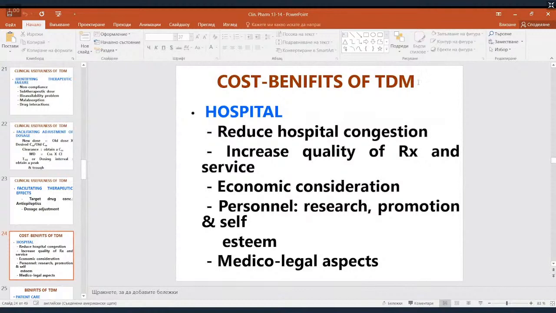Cost benefits of TDM. Yes, there are some cost benefits. Of course, this is very important nowadays because everything needs to be cost effective. We don't get money from the governments, and the hospitals don't get money from the governments to spend the money however we like. This is not the case, maybe, unfortunately, we can say.